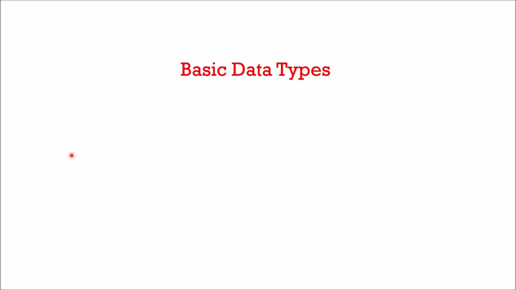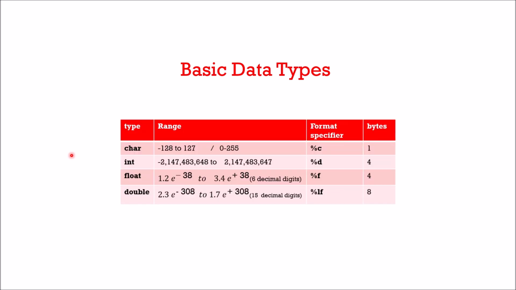Let's start with the basic data types. Here we have the keyword that we are going to use. So char stands for character, so a written symbol. It can be a number, letters of the alphabet, or a special character. However, it can represent small amounts of numeric values like these ones that are showing here.